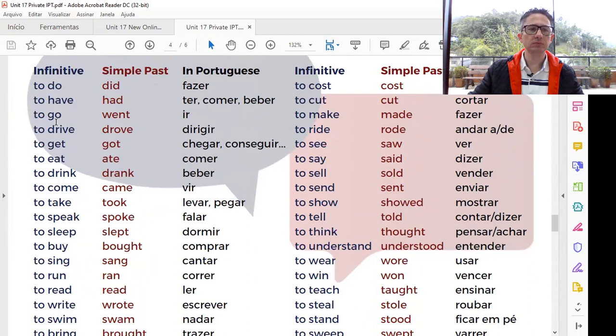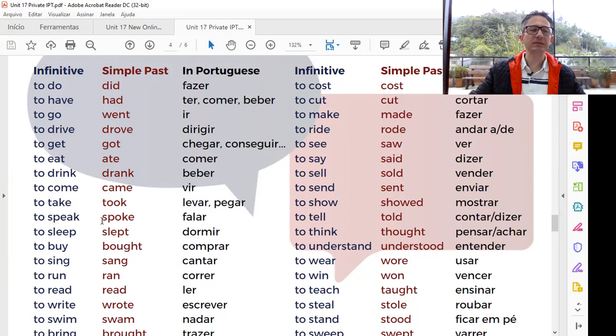To go, went. To drive, drove. To get, got. To eat, ate. To drink, drank. To come, came. To take, took.